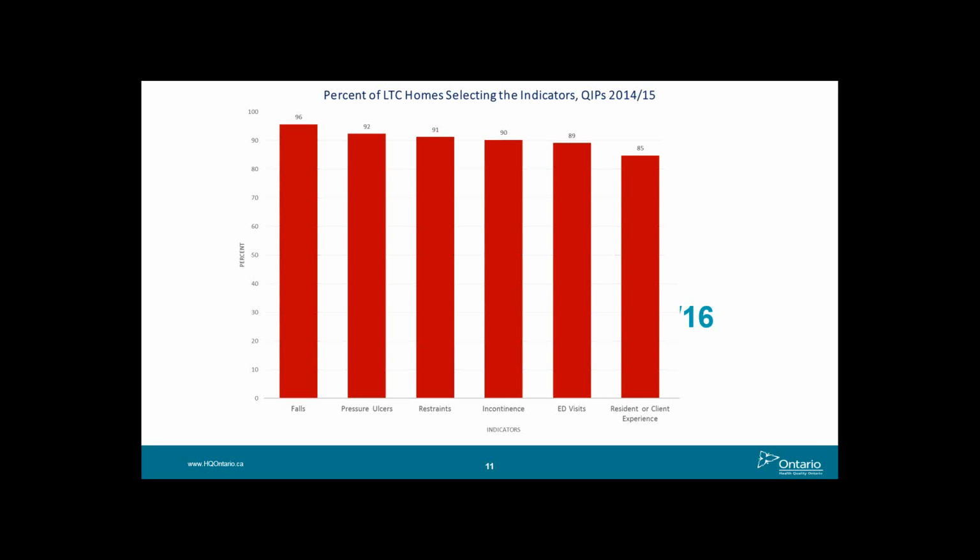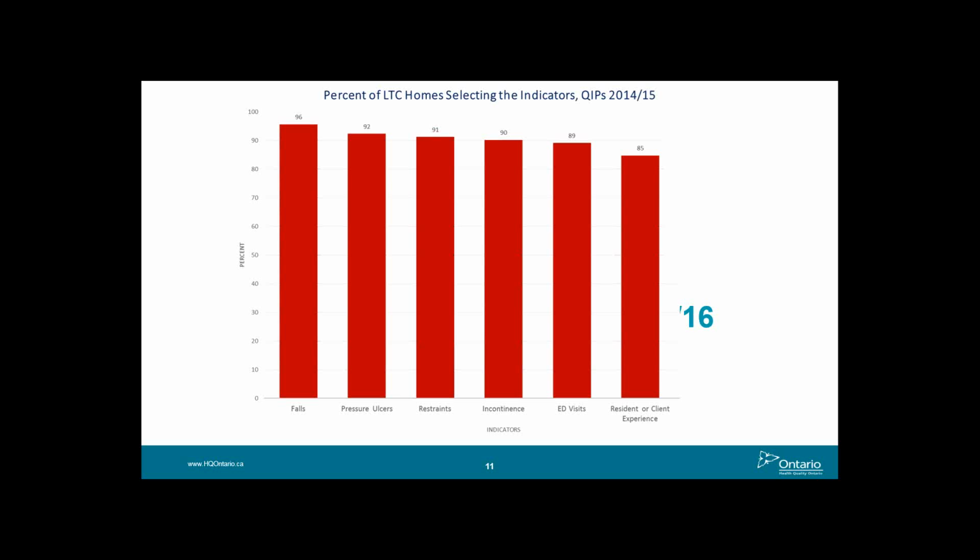Resident experience, potentially avoidable ED visits. These two were part of the voluntary submission last year, and they were developmental indicators through the year last year. So we've been working through the past year to really help to define which domains to be looking at in the resident experience and what those potentially avoidable ED visit conditions could be.